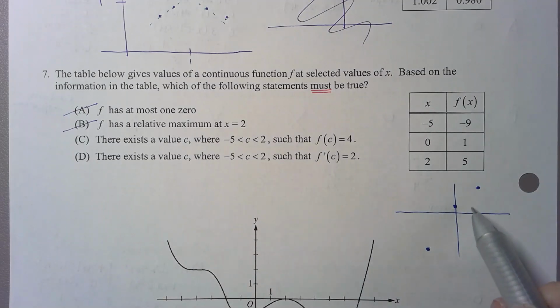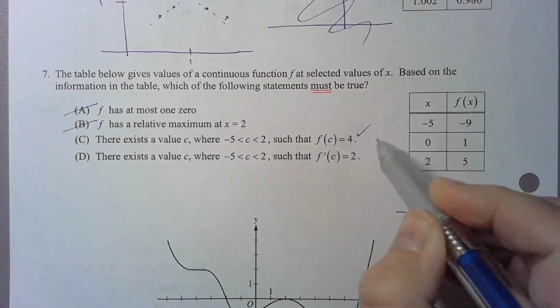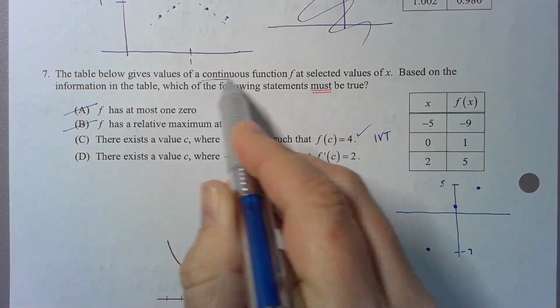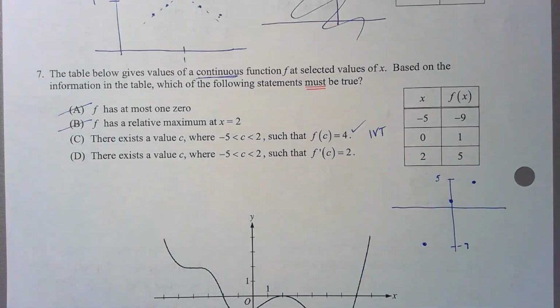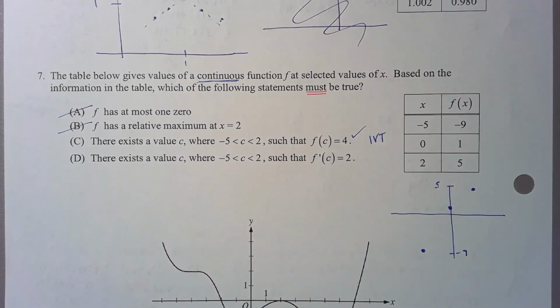Well, let's take a look. If this is 5 and this is -9, to get from -9 to +5, the intermediate value theorem says yes, if your function is continuous, you have to pass through every y value in between. So I think it's C, but I'm going to read D instead, in case.